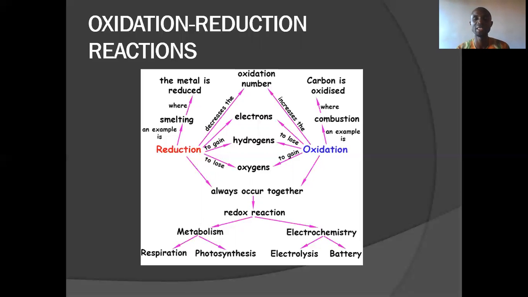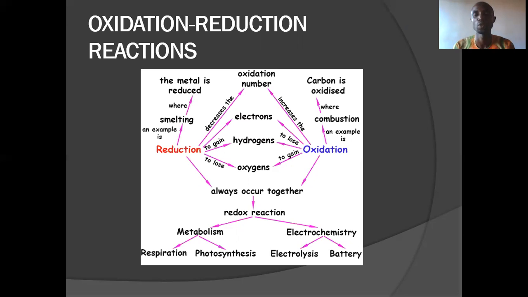The same way is in the definition of electron transfer. When it has to do with electron transfer, oxidation is transfer of electron, is to lose electron. When electron is being given out, being transferred, a metal or a substance loses an electron, we call it oxidation. But when electron is being gained, we call it reduction.